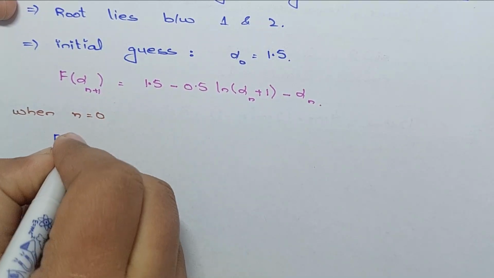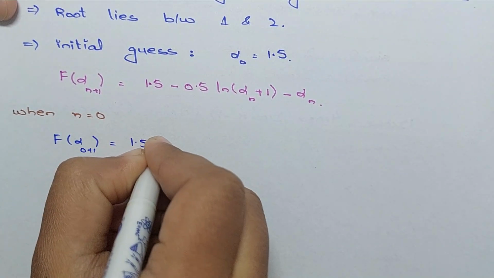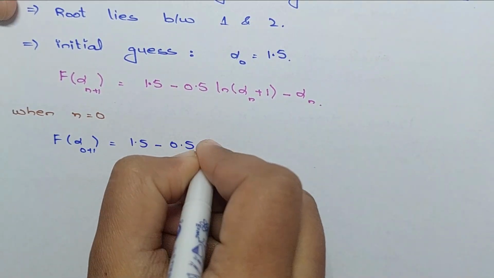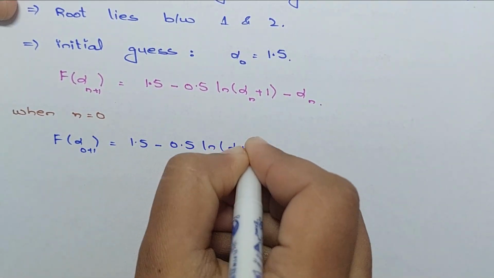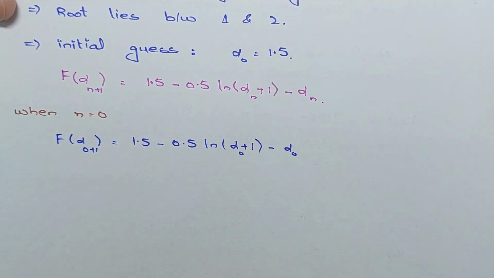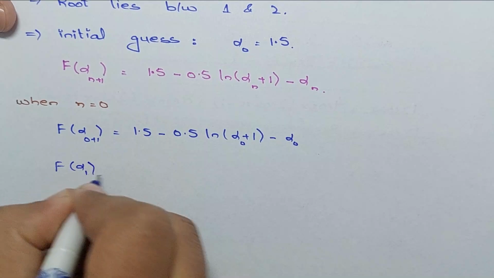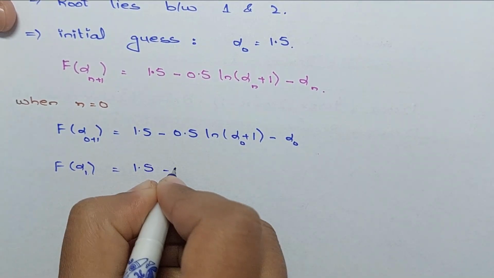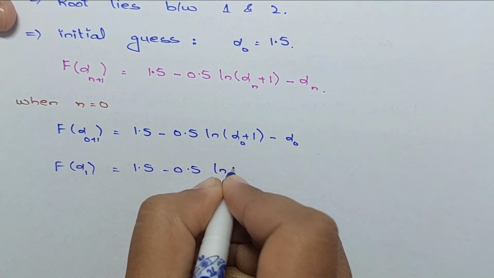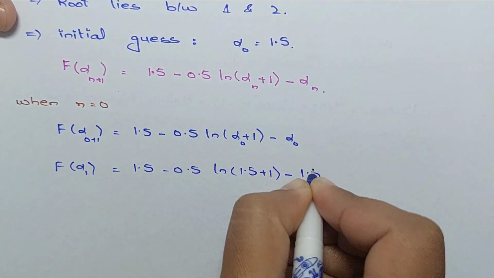Alpha 0 plus 1, this equals 1.5 minus 0.5 ln of (alpha 0 plus 1) minus alpha 0, or alpha naught, and we have guessed that alpha naught is 1.5. So alpha 1 would be 1.5 minus 0.5 ln of (1.5 plus 1) minus 1.5.